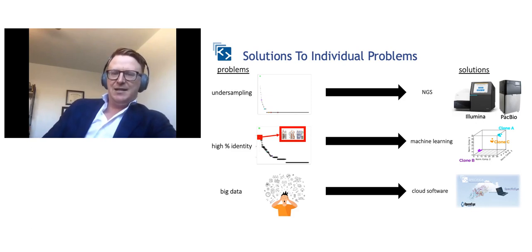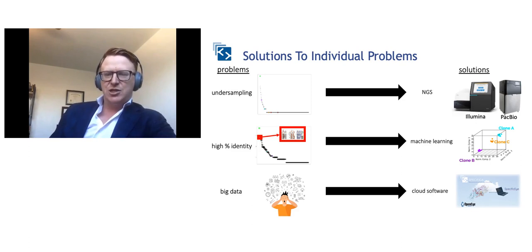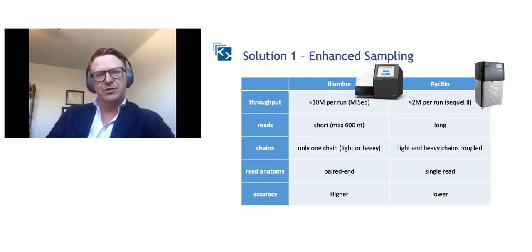The percent identity is where we employ our machine learning approach to maximize our selection and more efficient sampling across the CDR space. And then for big data, we've worked with our collaborators, OpenEye Scientific, which is more focused in small molecules, to build a cloud-based platform that allows users to do this kind of work very streamlined and efficiently.